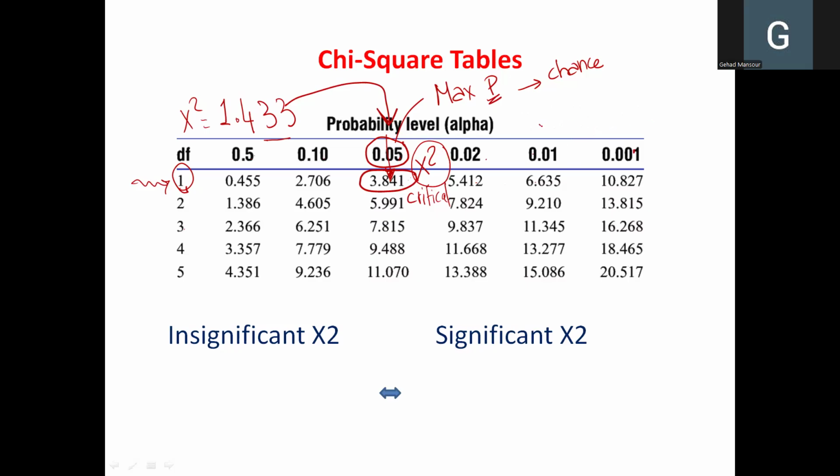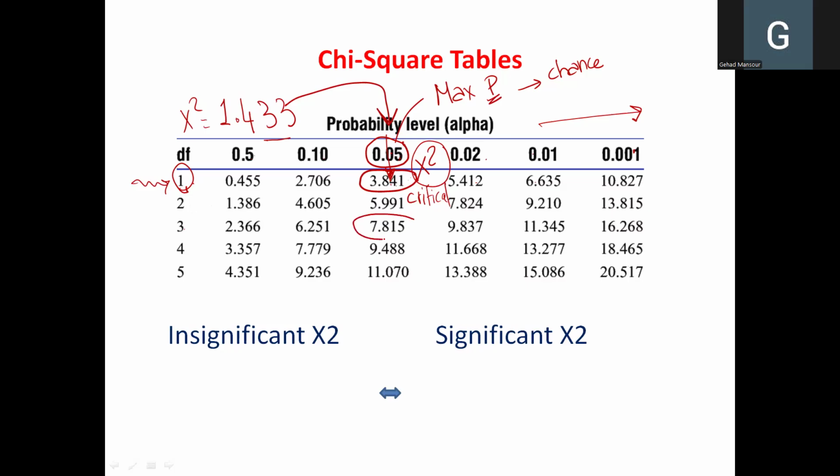And since the probability diminishes that it's due to chance, then it is due to error. So the critical value is an x-squared value that corresponds to the probability level 5%, but I have to complete and say at degree of freedom 1.